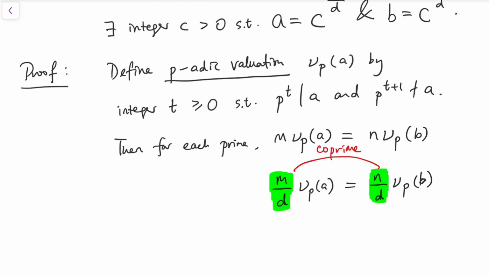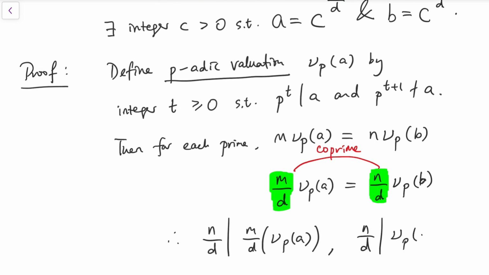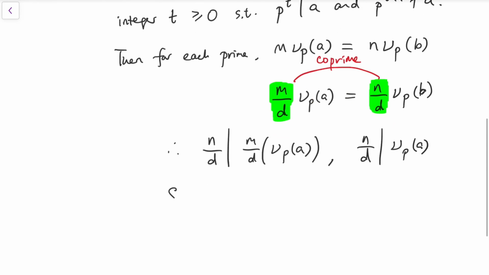So that means n over d divides m over d times the p-adic valuation of a, which tells us that n over d will only divide the p-adic valuation because it's coprime with the other fraction. So-called fraction, but it's actually also a positive integer.